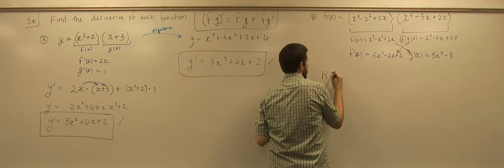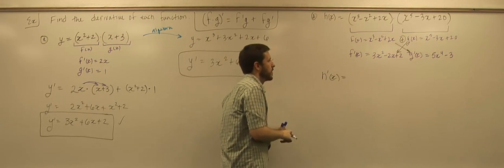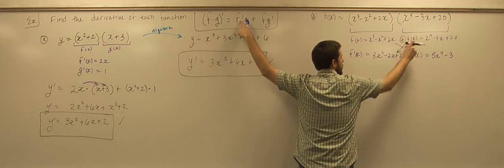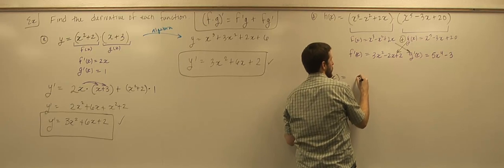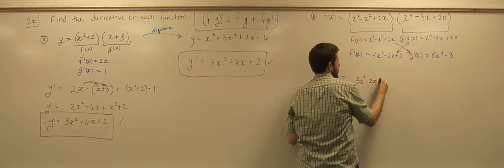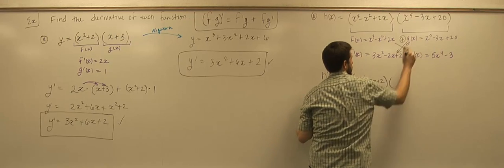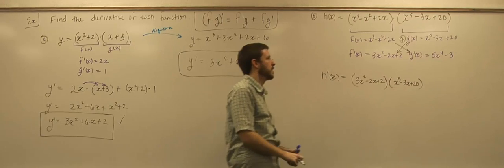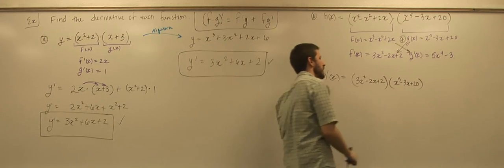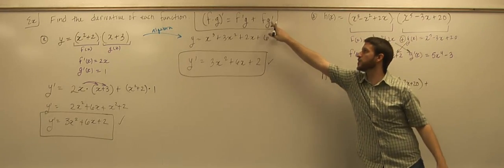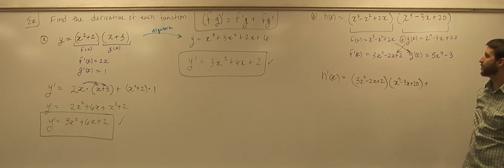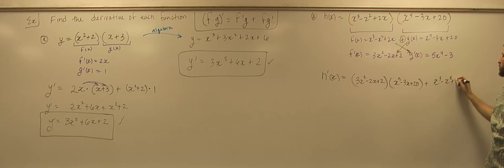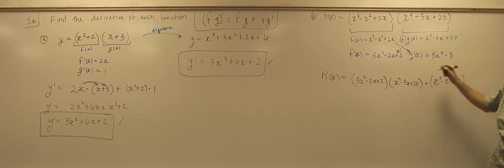So h prime of x is equal to, when I do f prime g, that's this product: 3x squared minus 2x plus 2 times this guy, plus fg prime is this diagonal. So x cubed minus x squared plus 2x times g prime.